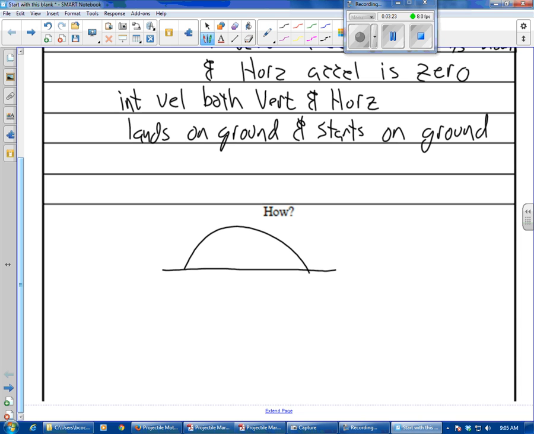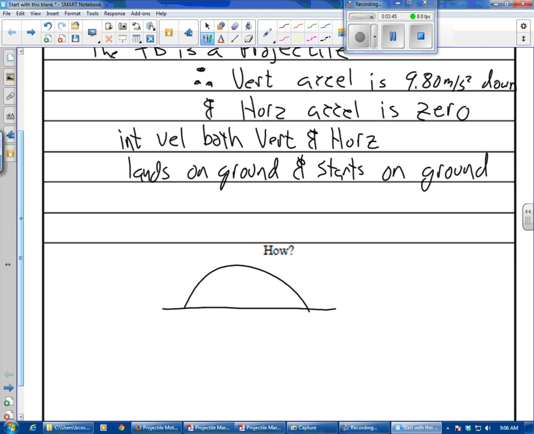My football follows a path like that. Because it's moving in 2 dimensions and it's curved, that's how I know that it's accelerating. If it was a straight line, I'd know it wasn't accelerating. But a curved line tells me there's some acceleration going on here. And because it's a projectile, it's all in the vertical.